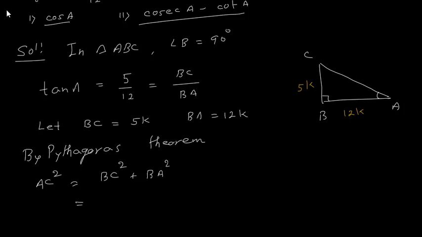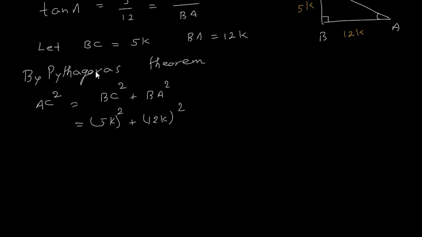Now the value of BC is 5K, so this is 5K square, plus the value of BA is 12K, so this is 12K square. Now 5K means 5K the whole square, so 5 fives are 25. So this is equal to 25K square plus 12 square, which is 144K square. This total will become 169K square.